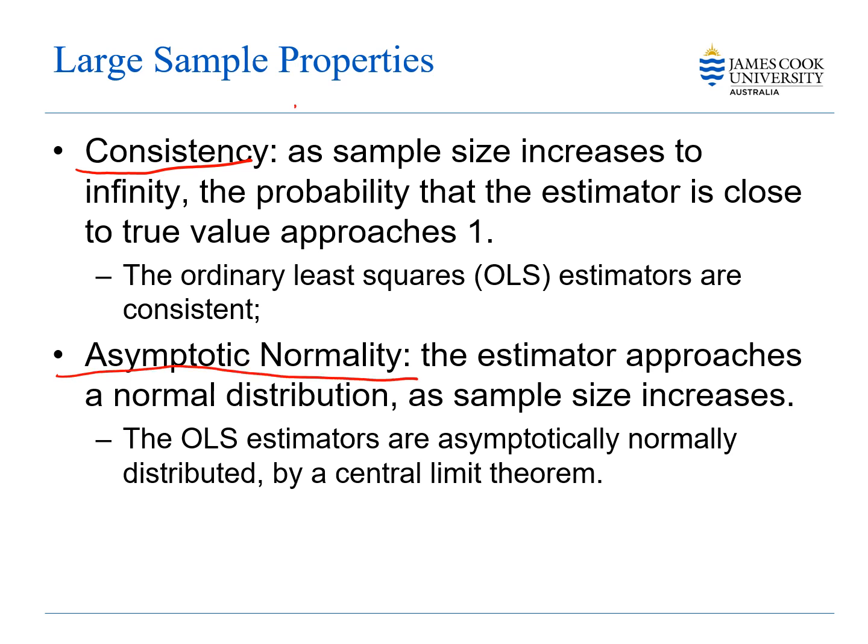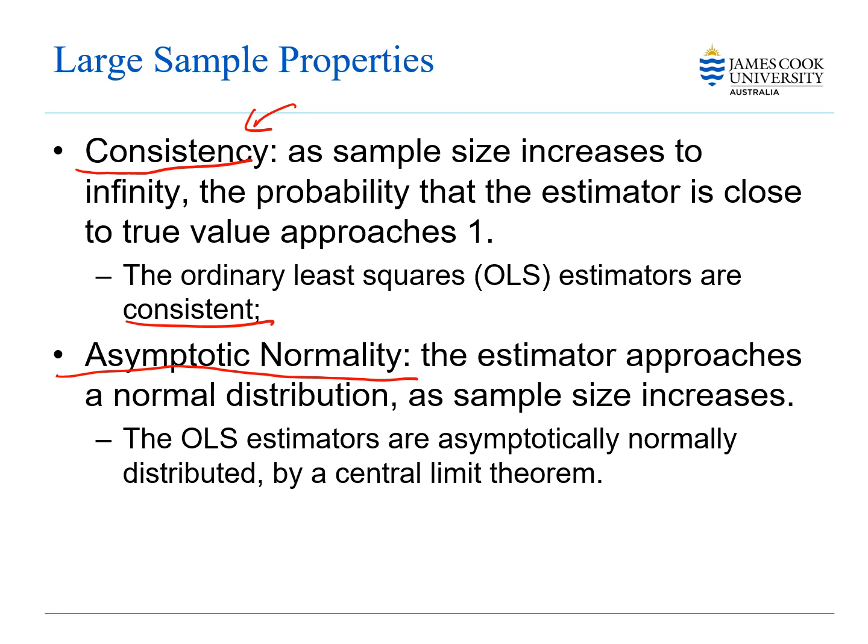Consistency means that as the sample size approaches infinity, the probability that the estimator is close to the true value becomes 1. In other words, the probability that we get things wrong becomes 0. We can show that the OLS estimators are consistent by using the law of large numbers.